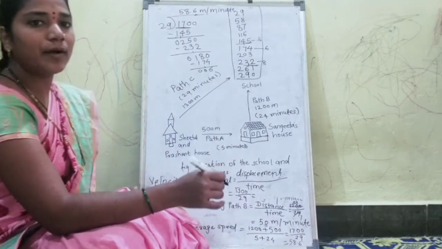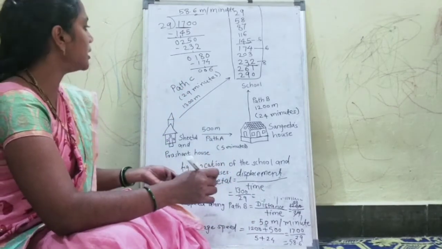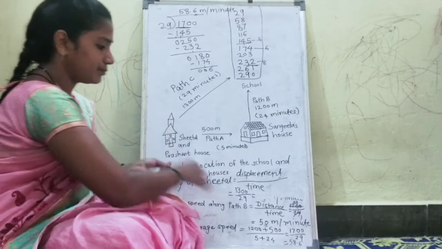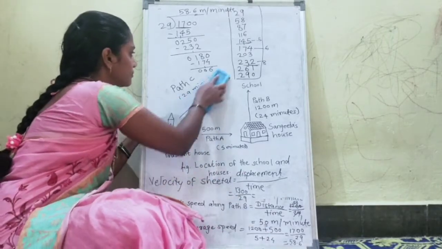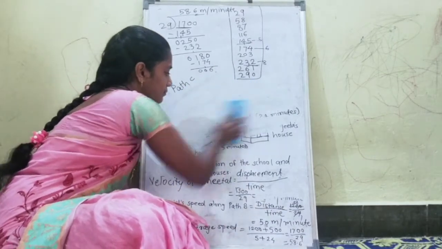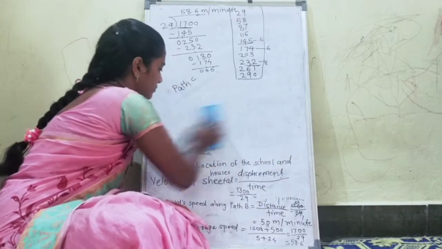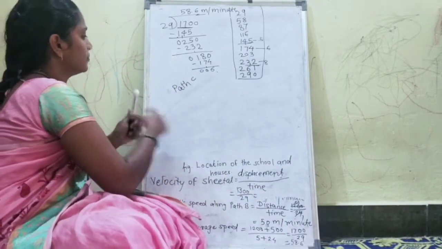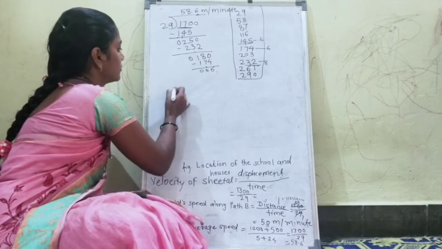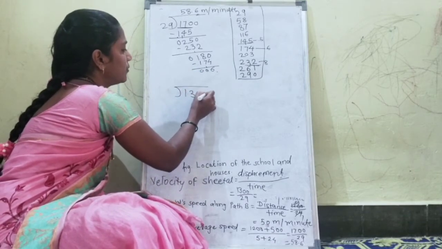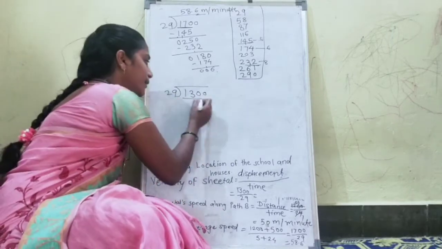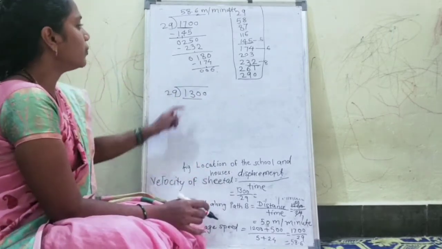Again, divide 1300 by 29 here. Here also I take a 3-digit number 130.